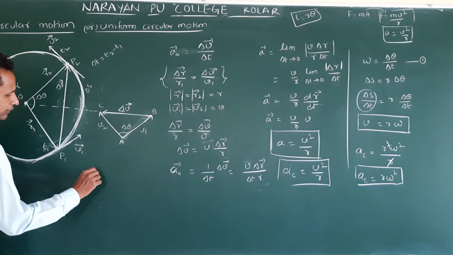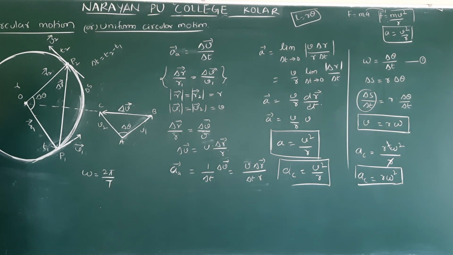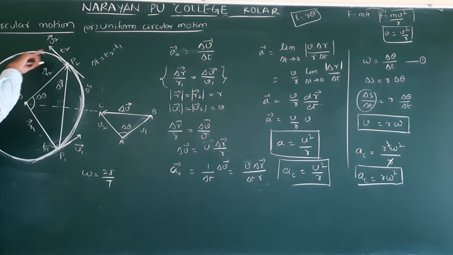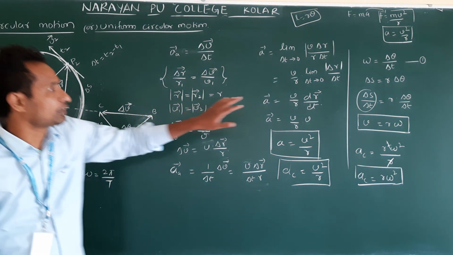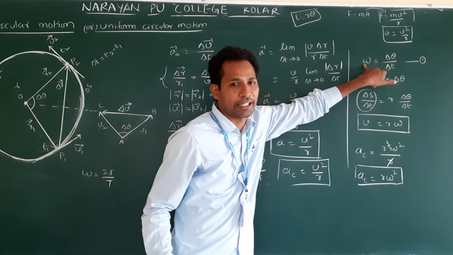Omega we can write as 2 pi by T. Omega is angular velocity. Suppose in one complete rotation it takes time T, how many radians does it complete? 2 pi radians. Clear? What is the rate? Angle by time, angle by time is omega.